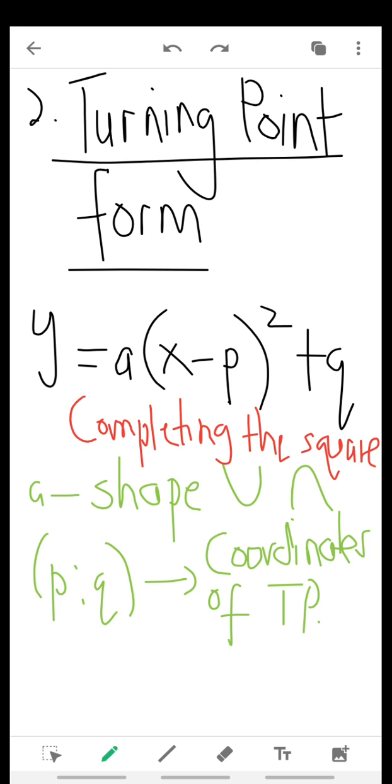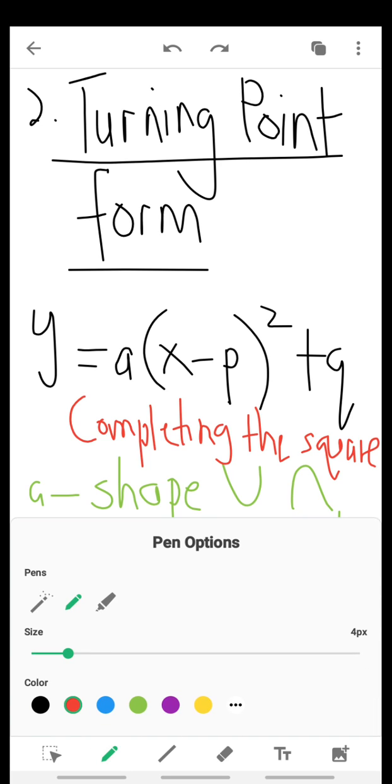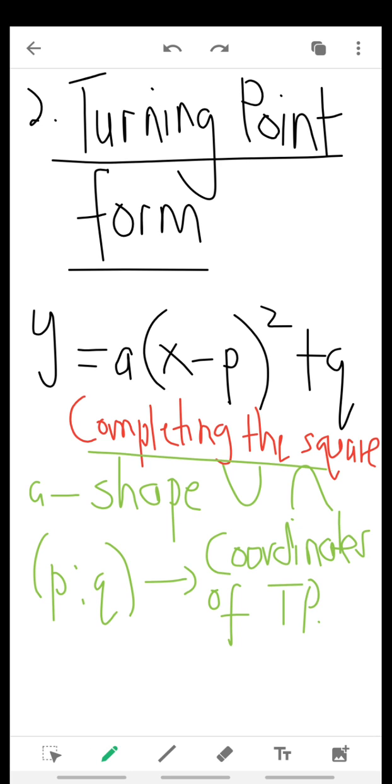But in a case where you are given your standard form and they say you must find the turning point of the parabola, you can do that by using what we call completing the square. When you complete the square on your standard form of the equation of the parabola, it will bring you to this turning point form.